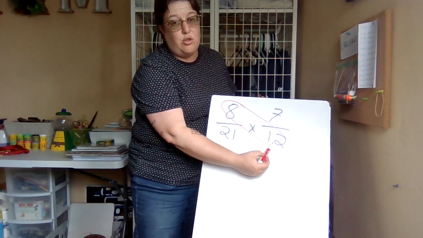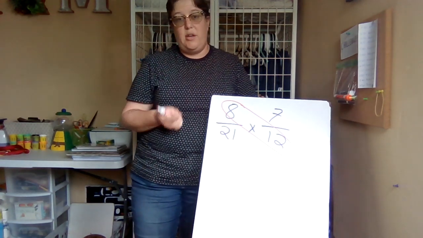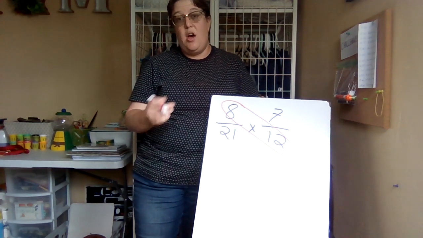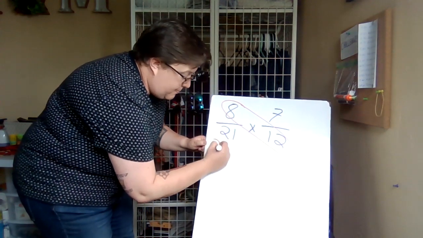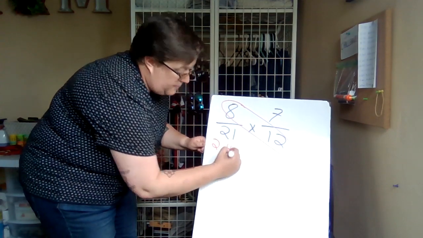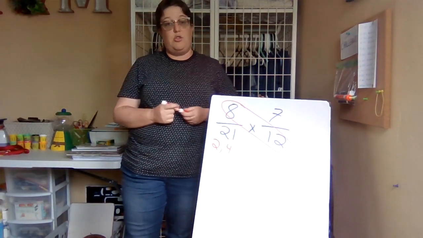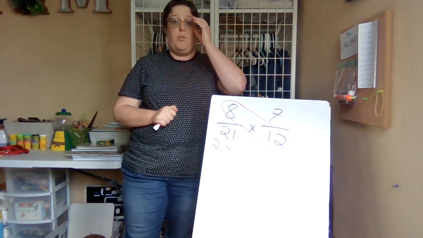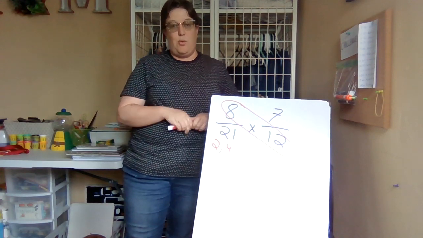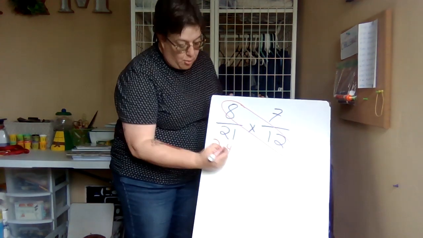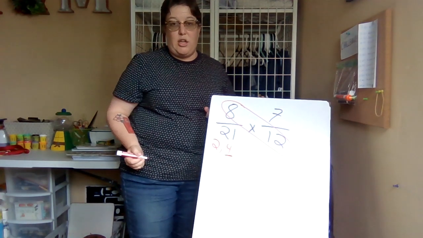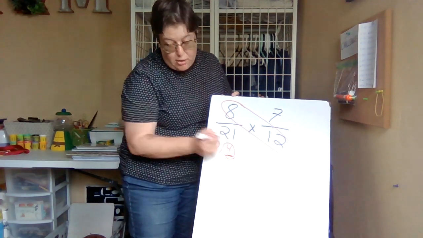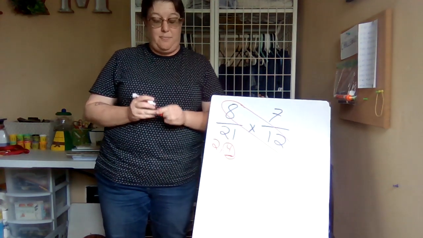Numbers that we know go into 12 are 1, 2, 3, 4, 6, and 12. Of those, the ones that they have in common are 2 and 4. Those are the two numbers that can go into 8 and can go into 12. So what we want to do when we're simplifying like this is use the bigger number, because that means we only simplify one time. So we're going to do 4, and divide both of those by 4 in our next step.